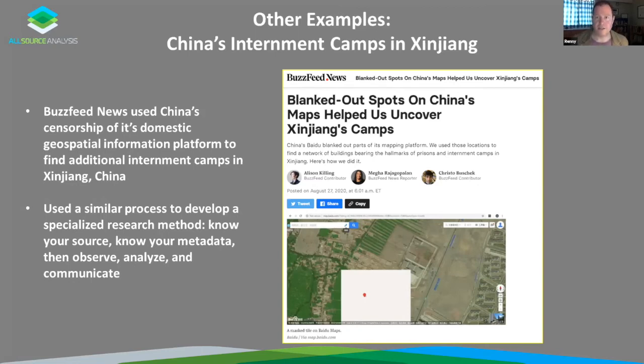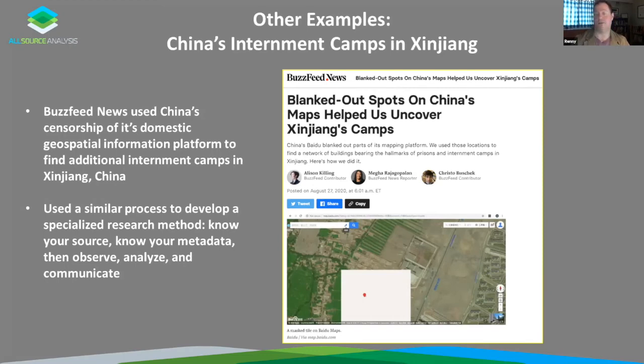And in this case, a media organization, BuzzFeed News, found that Baidu Maps, China's indigenous mapping service, was taking image tiles out of certain locations in Xinjiang. When BuzzFeed first started, they said, well, wait a second, when we're looking through Xinjiang at Baidu Maps, we're finding all these image gaps.